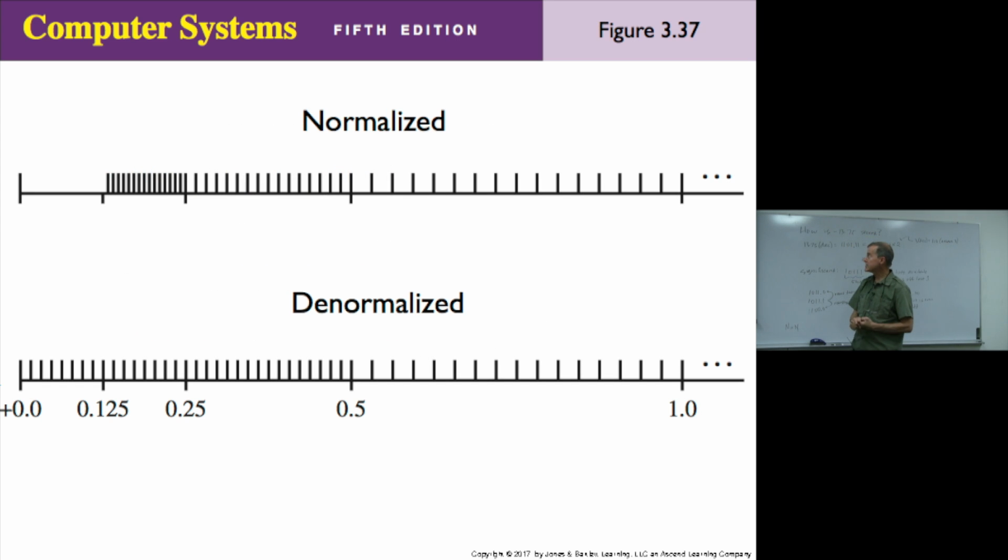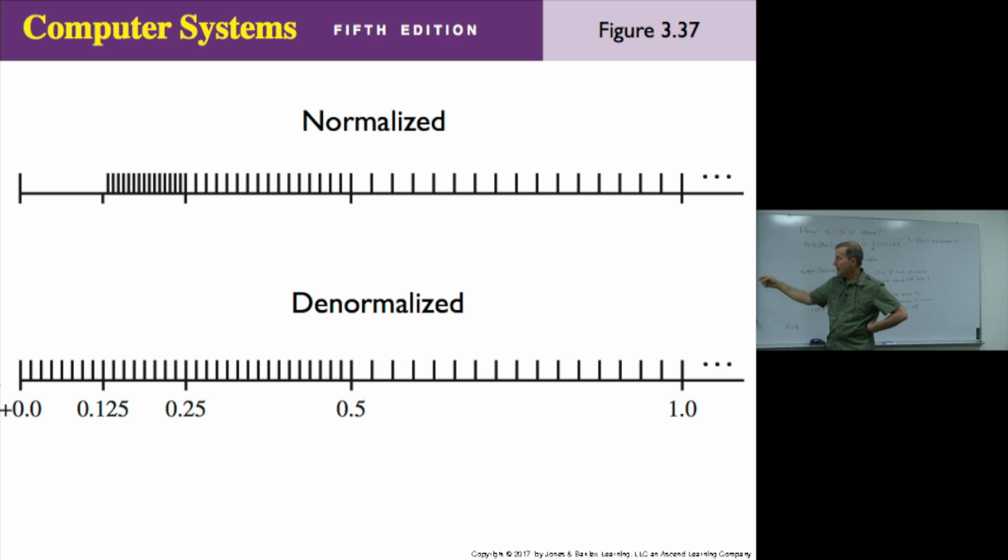Now check this out. This is in figure 3.37, again for that small example where we have a 1-bit sign and a 3-bit exponent field. The top figure of figure 3.37 is the way we've described it so far, without these special denormalized numbers. Look at the gaps between the values represented on the real number line.